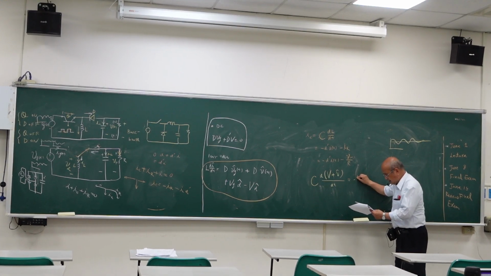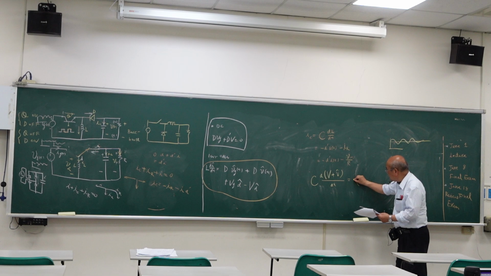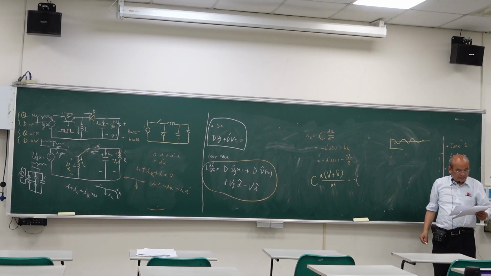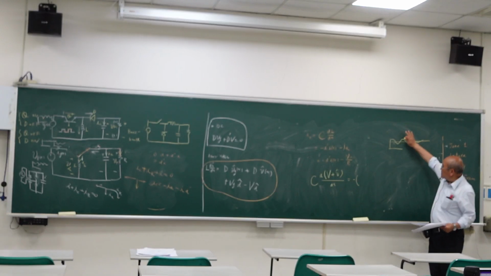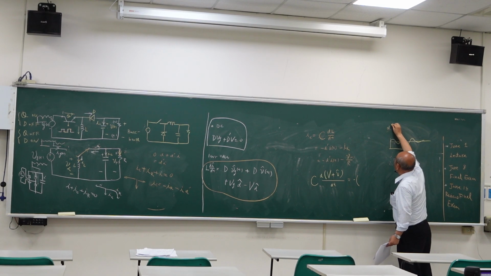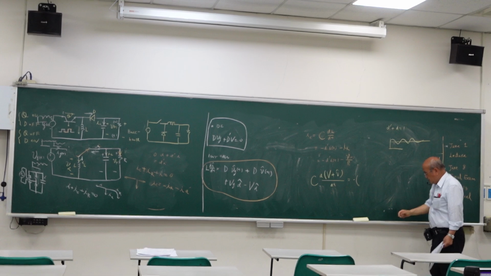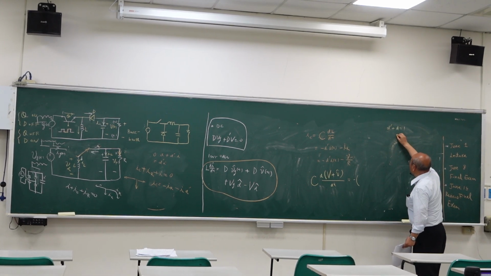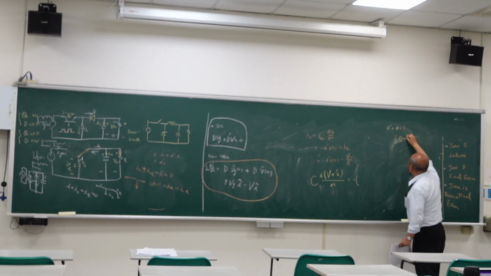Minus D prime. What is D prime? Anybody still remember? We just erased it. So D prime plus D equal to 1, right? So what is D? D is D plus D hat.